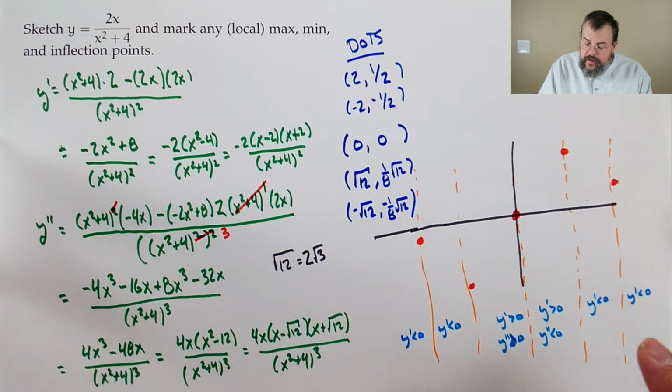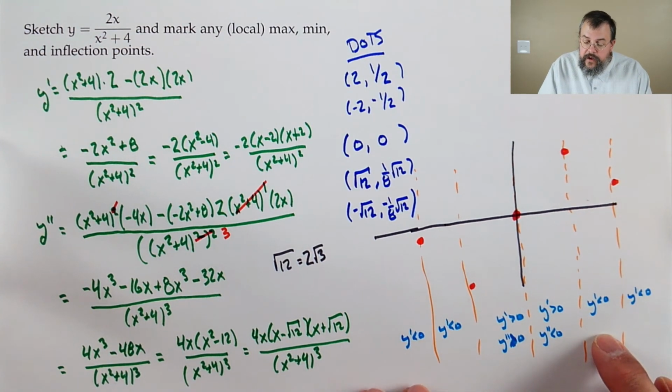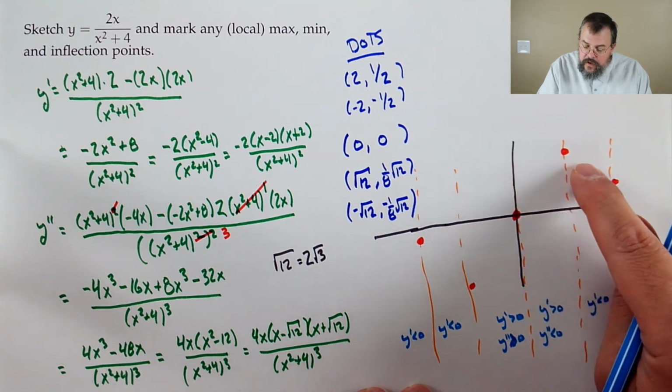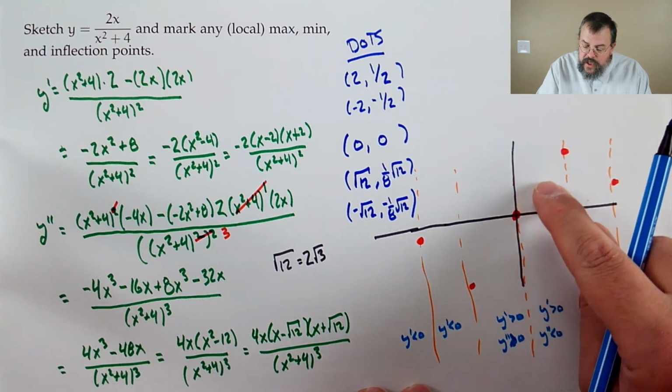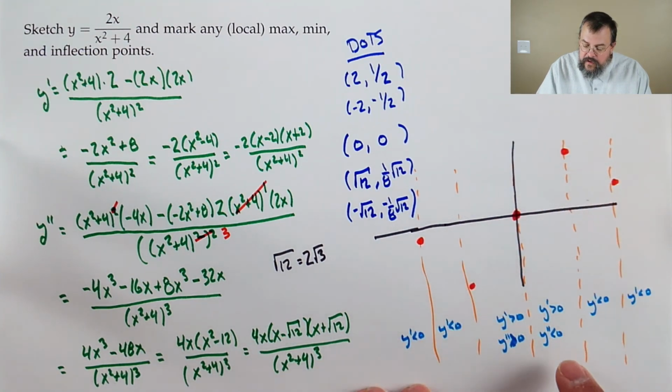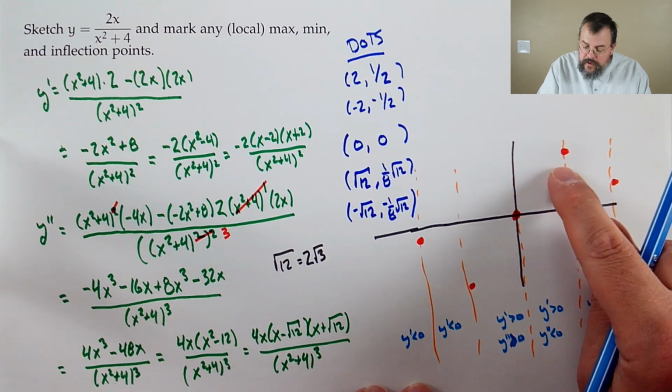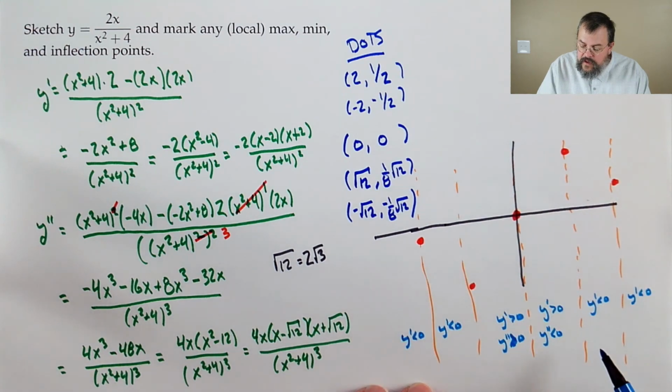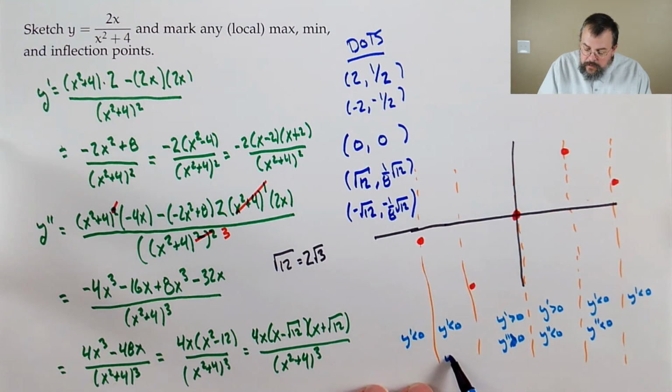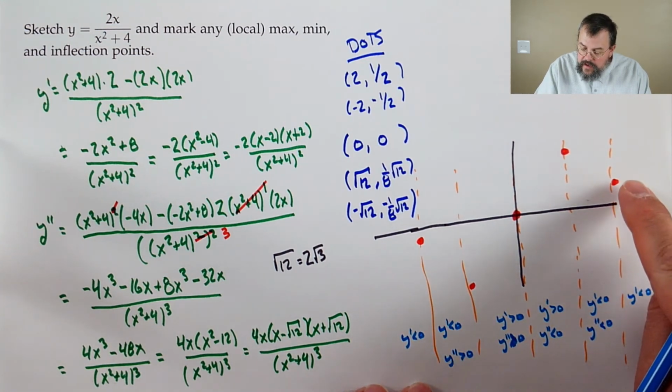Okay, now how about the second derivative? Well, 2 doesn't really do much. We don't change the second derivative until square root of 12. So the fact that our second derivative is negative just before 2, it'll still be negative just after 2. So y double prime still negative. Over here, y double prime positive. Now, what happens in the long run?